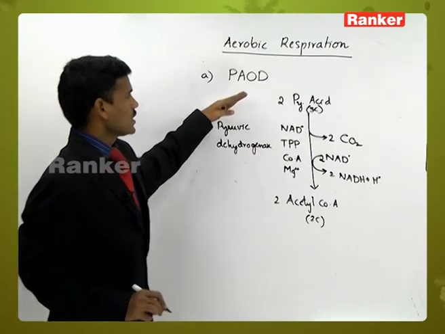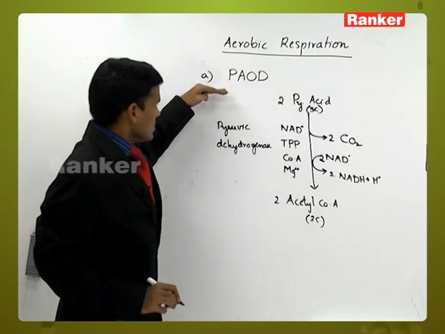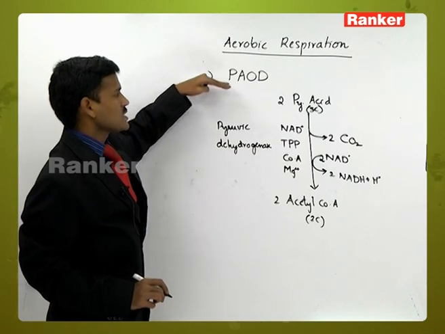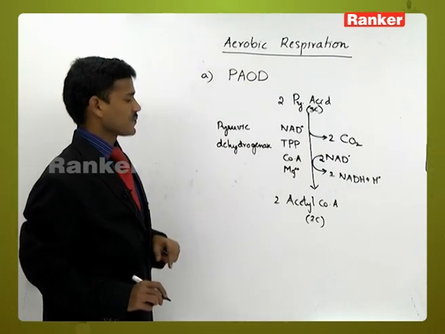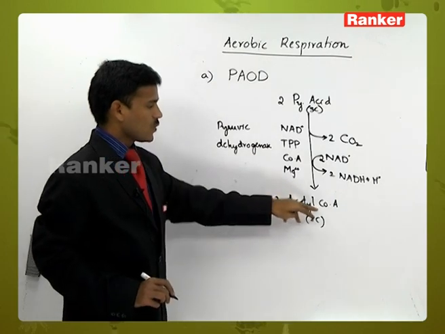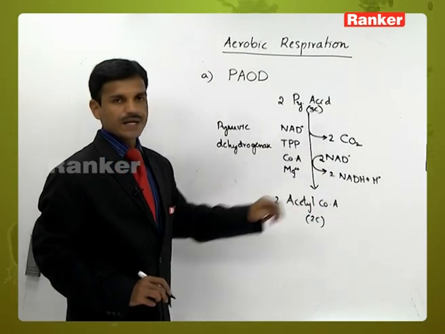It is the second step in the total aerobic respiration, pyruvic acid oxidative decarboxylation. The end products are acetyl coenzyme A and 2 NADH2.